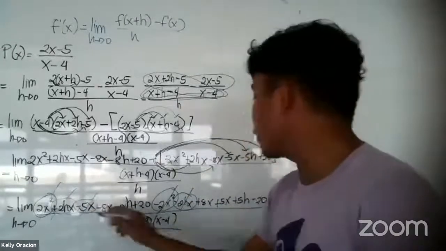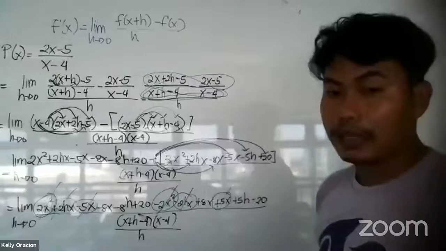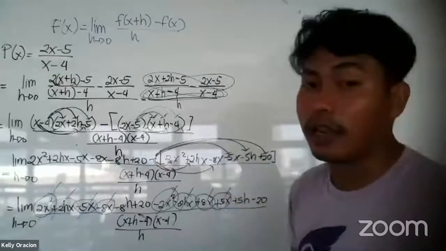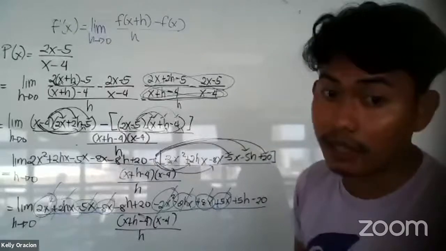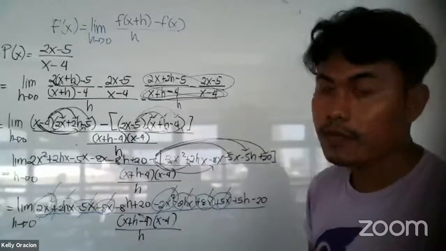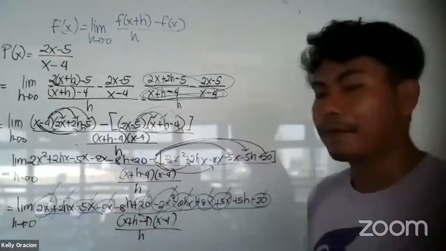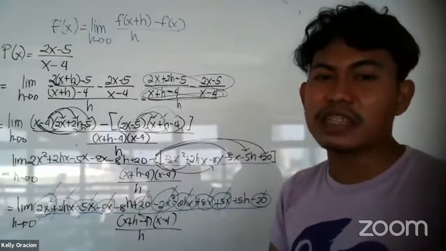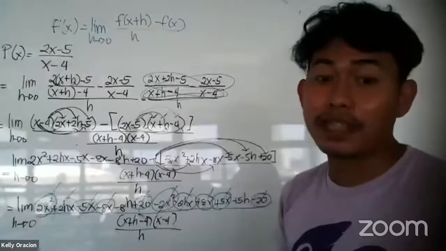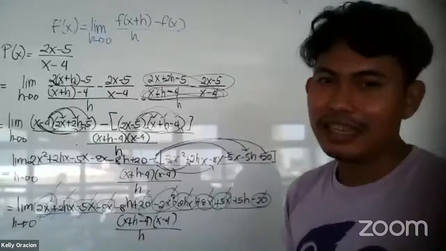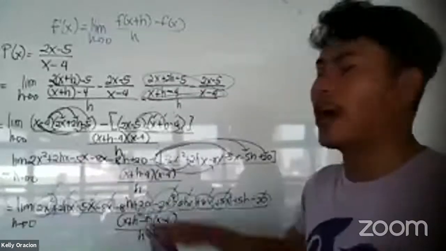Negative 5x and positive 5x cancel. Negative 8x and positive 8x cancel. Negative 8x plus positive 8x is 0. Next, 20 and negative 20 cancel. Sige lang.